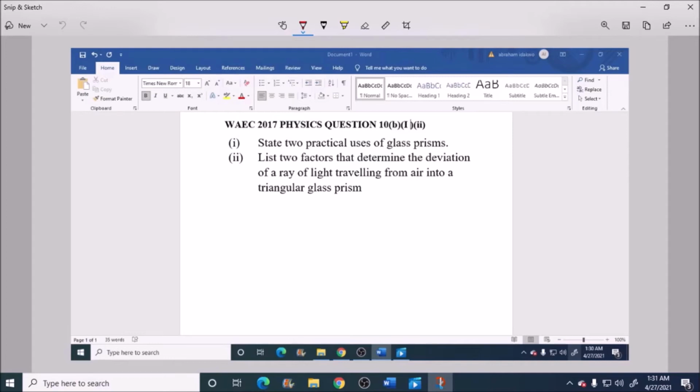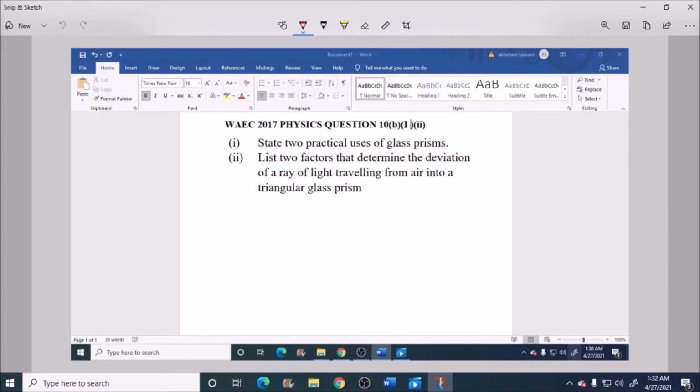Now, glass prisms are used practically for 1, changing the direction of light or changing the direction of dispersion. 2, glass prisms are used in viewing distant objects like the binoculars.